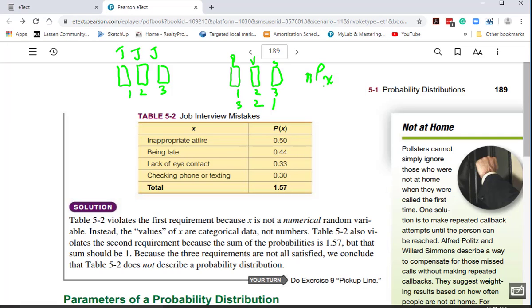What else do I have? 2, 3, 1. You see? And 3, 1, 2. And what was the other one? Should be one more. 2, 1, 3. Okay. Now there are how many? There's 6.